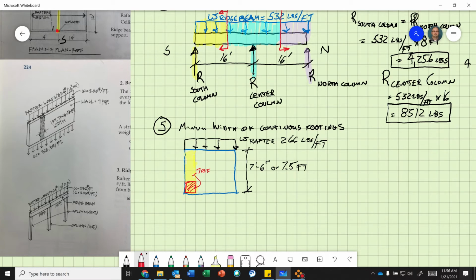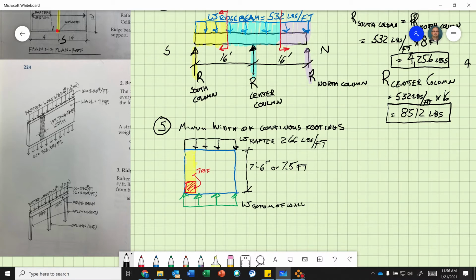Right there. So every square foot of wall weighs 7 pounds. So basically what we need to do is turn that pounds per square foot into a line load, to find the uniform distributed load on the bottom of the wall.